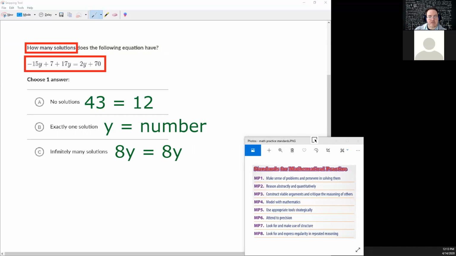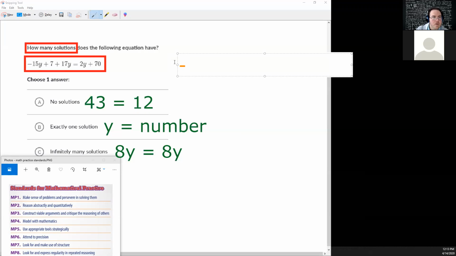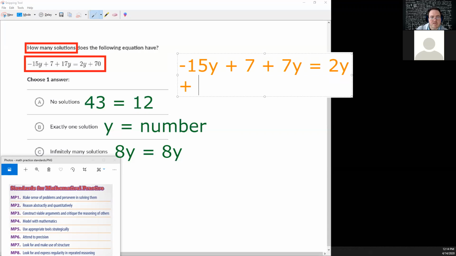So I guess that being said, let me move you guys over here. That being said, let's write this question out again, this equation that is for text. So negative 15y plus 7 plus 17y equals 2y plus 70.